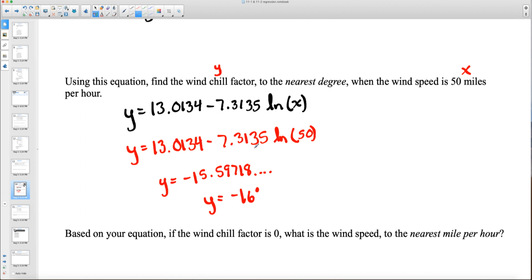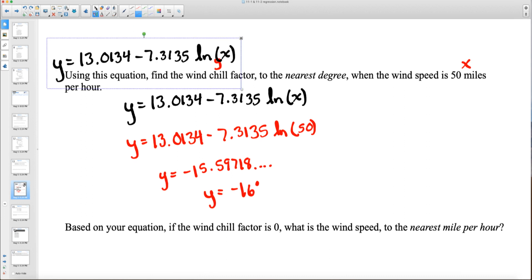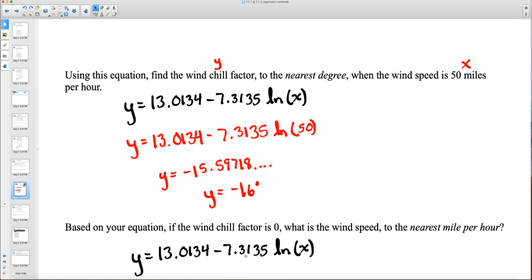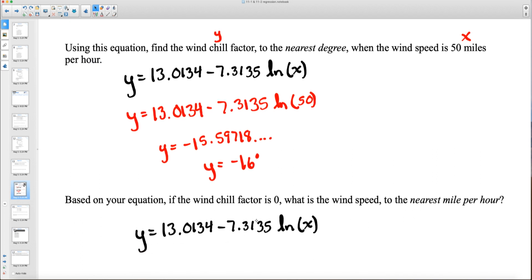Okay, let's take a look at the last part. So again, based on our equation, so I'll just copy that down. If the wind chill factor is 0, what is the wind speed? So this time we're solving for x, because they're telling us the wind chill factor, or y, is 0. What is the wind speed?